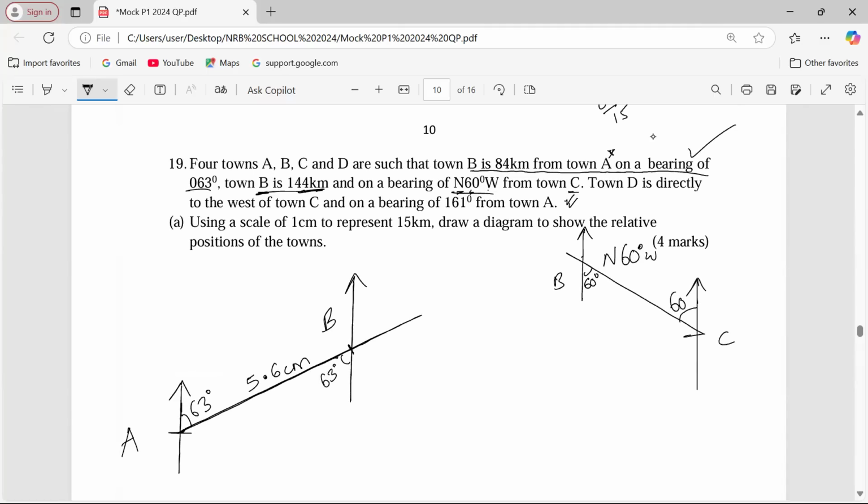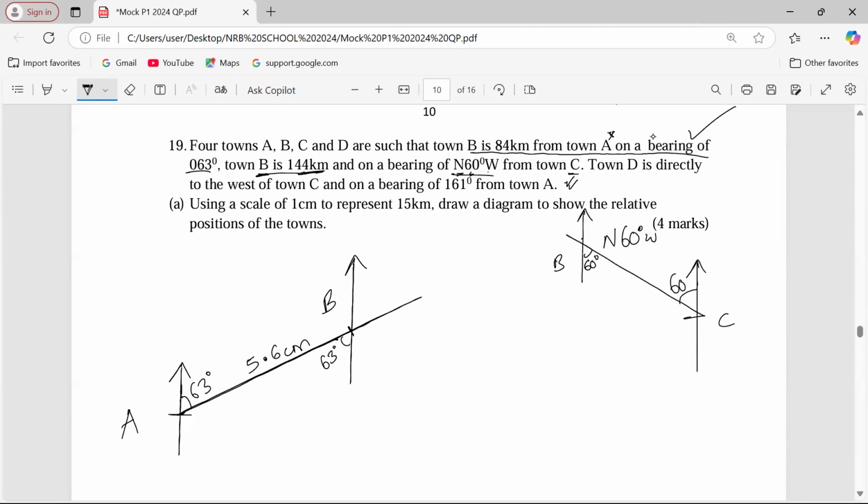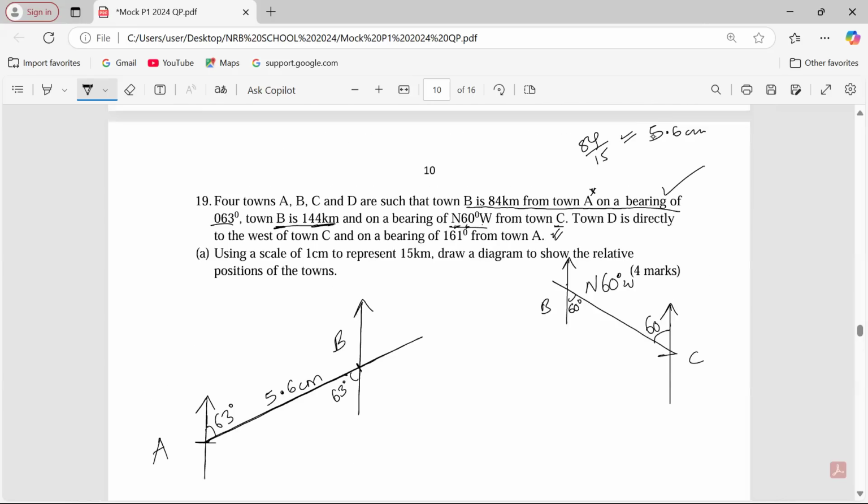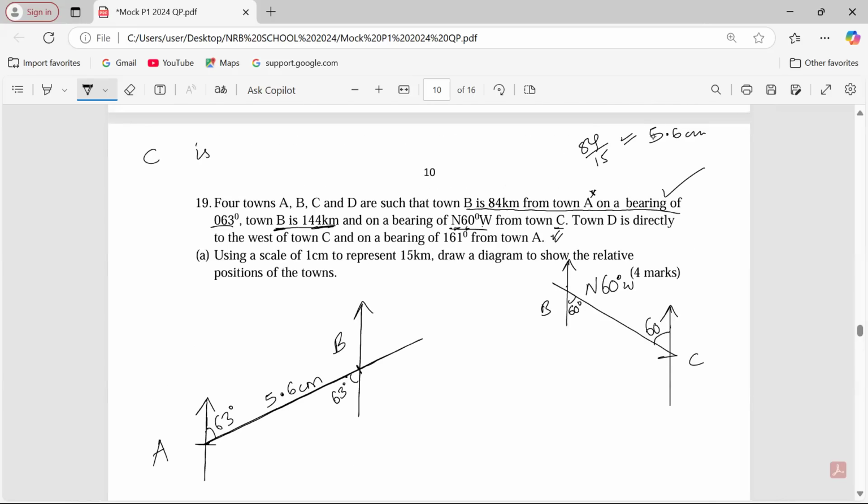With this interpretation, we can trace the position of C with reference to B. According to my sketch, C is from south 60 degrees towards the east, 144 kilometers from B. If B is north 60 degrees towards west, then C from B shall be south 60 degrees towards the east.